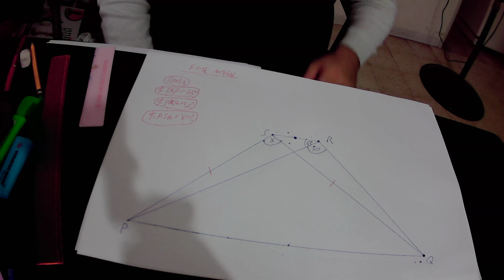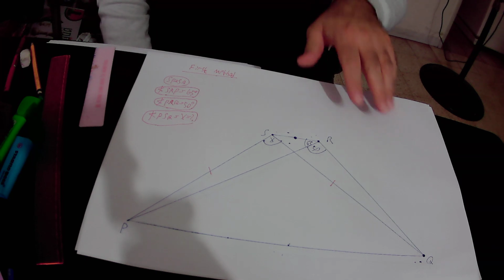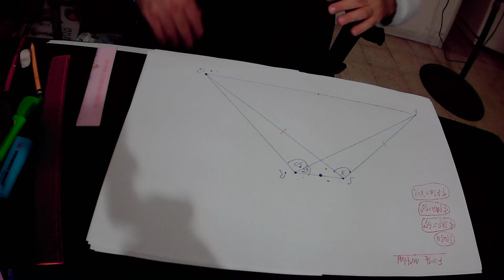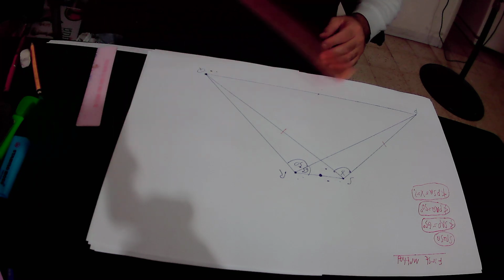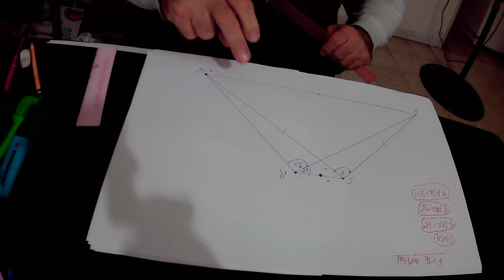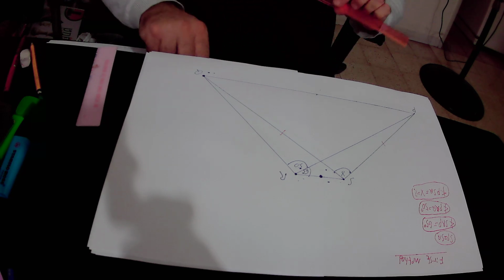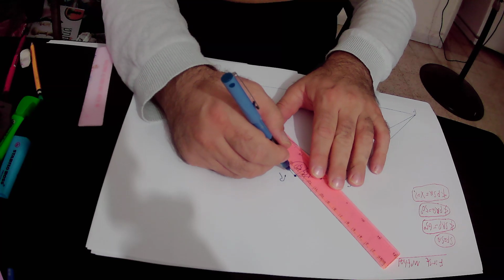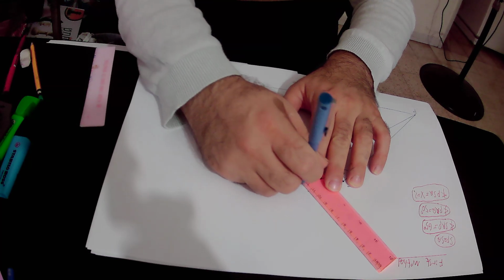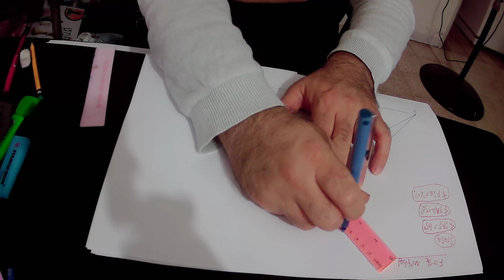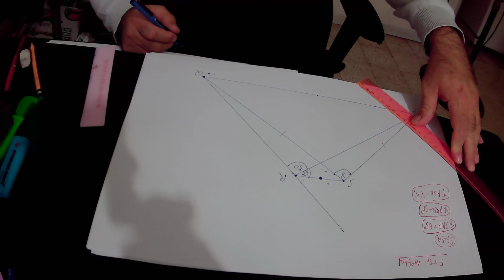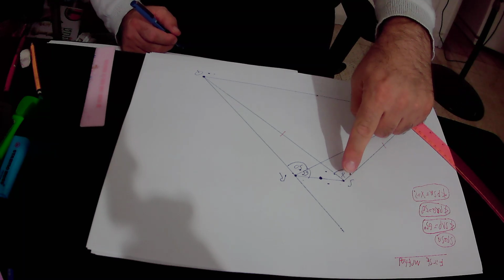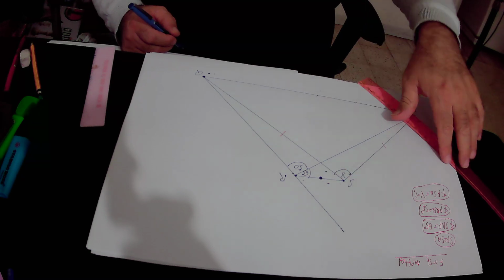Okay, so we will start with the first method. We will do a construction. Actually, we will extend side QR by a straight line. And then we will draw a perpendicular from point S to the extended QR.